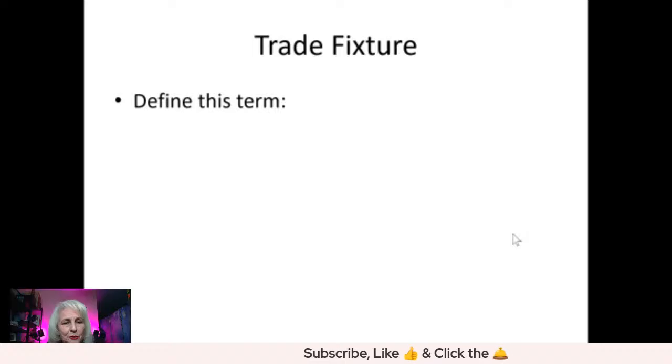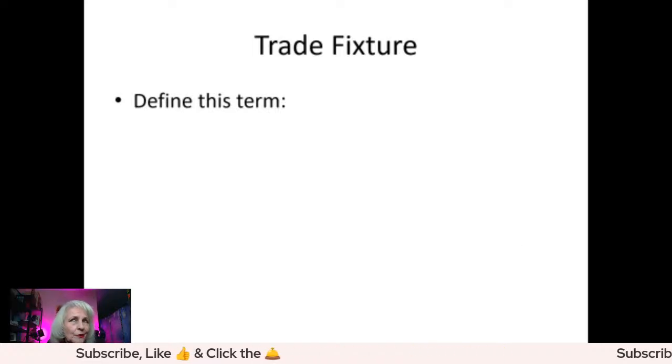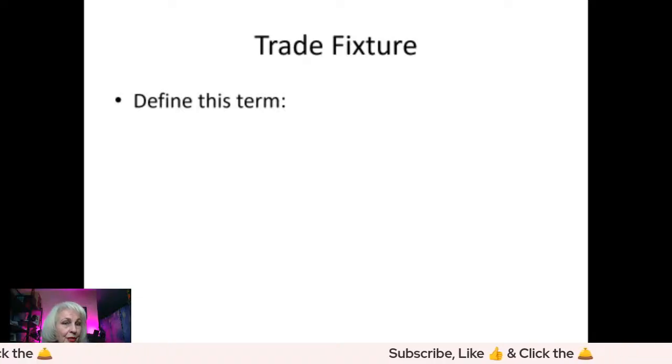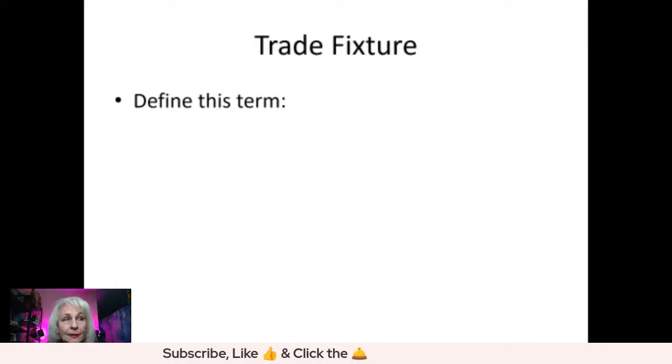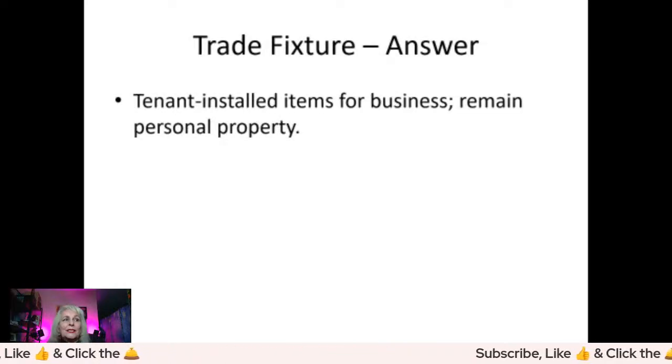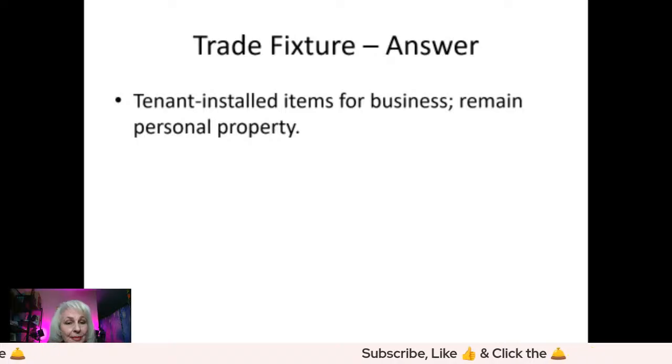Trade fixtures. What is a trade fixture? So, you have plumbers, you have contractors, electricians, these are all different types of trades, right? So a trade fixture would be tenant installed items for business, remain personal property.